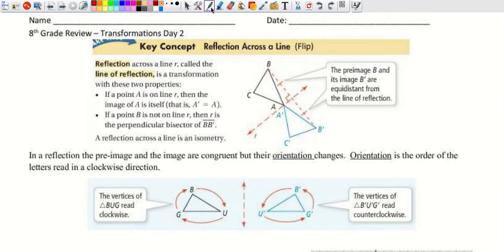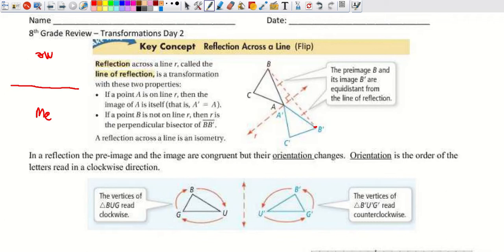A reflection is a transformation where we take a point and move it to the other side of what's called the perpendicular bisector, exactly the same distance away. So picture a mirror. If this is my mirror and I am standing here, there's going to be a reflection of me on the other side, except you have to remember that it gets flipped around.